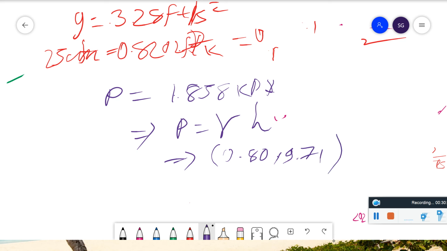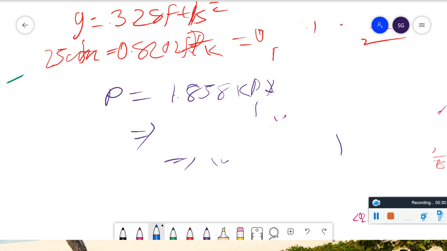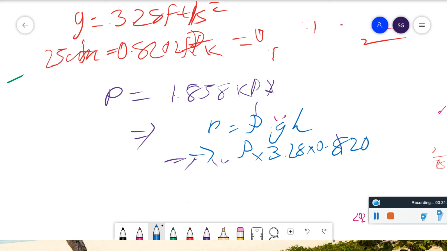And P is equal to rho GH, where I will use the formula rho GH only for simplification. Here we are interested in kg per meter cube. So rho we will find out, into G we have got 3.28, into H we have got 0.8202.